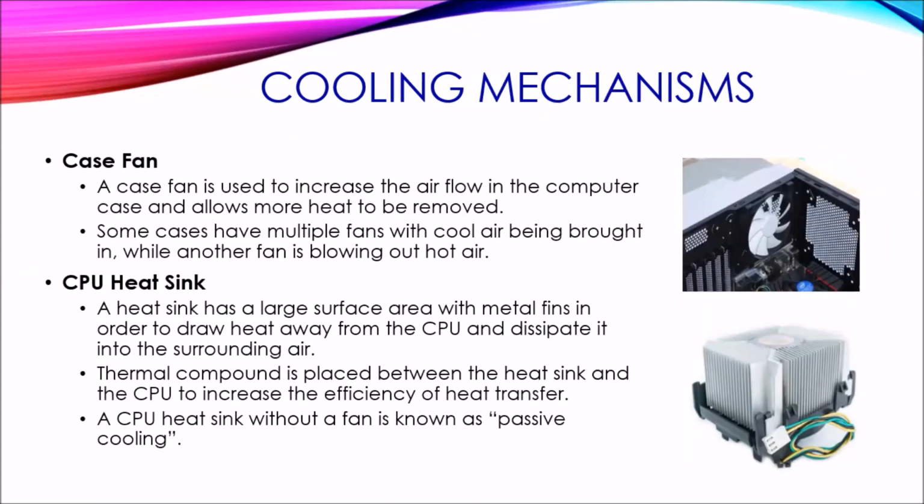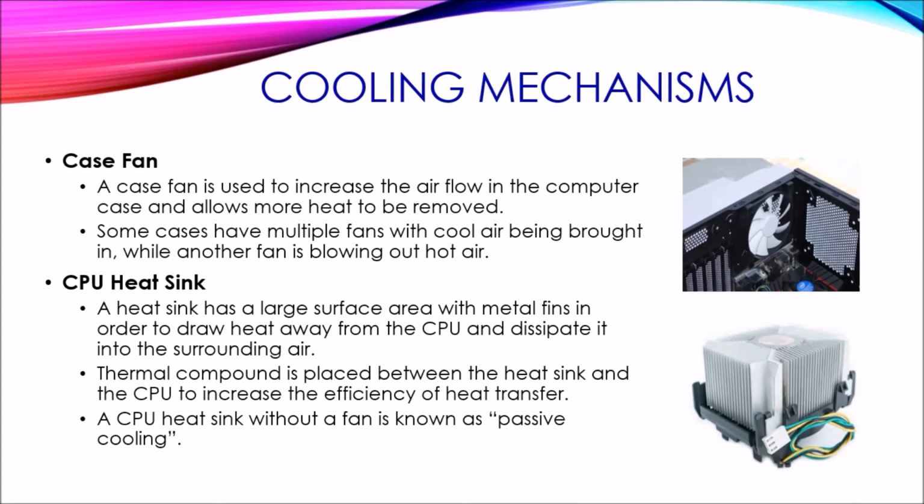Cooling mechanisms are very important. As our computer works or the processor performs some processing, it generates heat. It is very important to keep it cool. There are many different methods to keep our computer system cool. Case fan. A case fan is used to increase the airflow in the computer case and allows more heat to be removed.